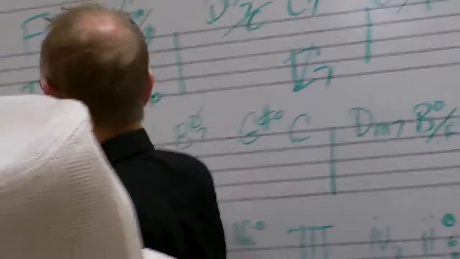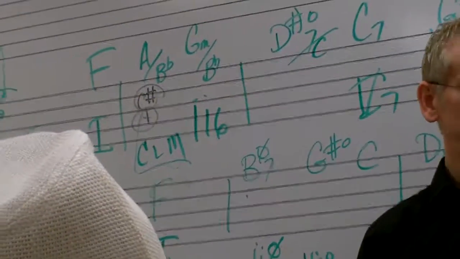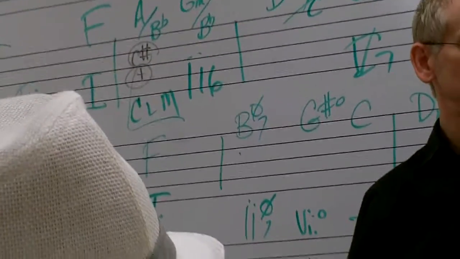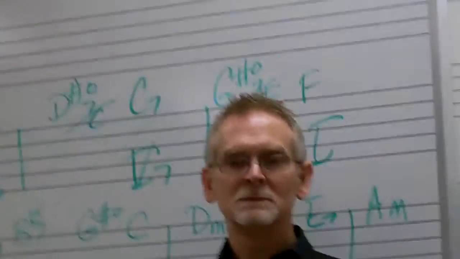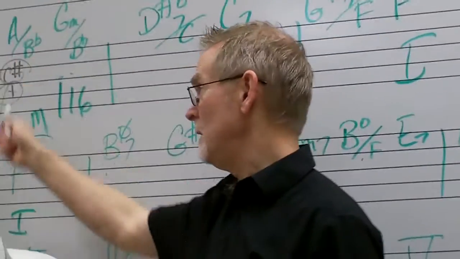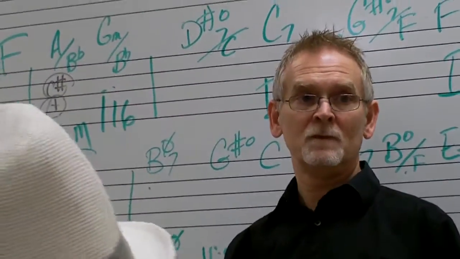So you just call it chromatic linear movement, and then you analyze the non-chord tones. Do you give it a pop chord? Yes, because it creates a pop chord. So you give it a pop chord, but you don't worry about giving it an analysis.